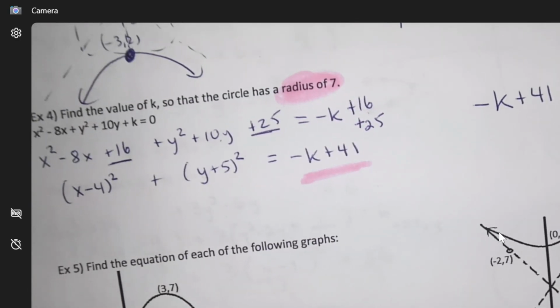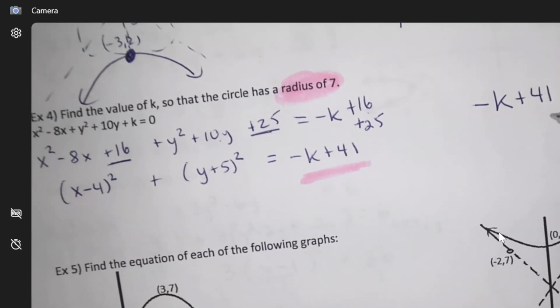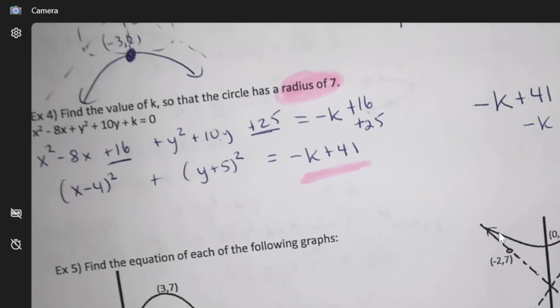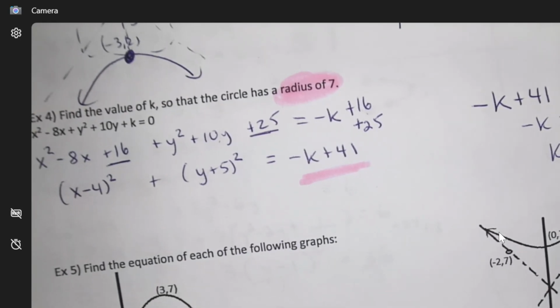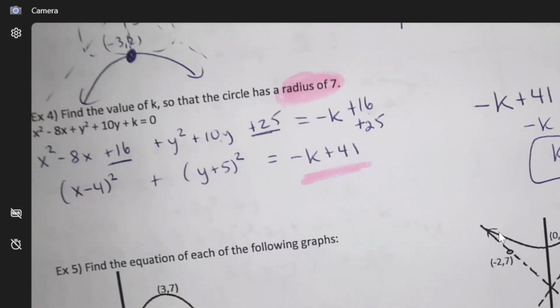So I just do that over here and then solve for k. Okay, is that pretty straightforward? So just completing the square, figuring out what needs to be there.